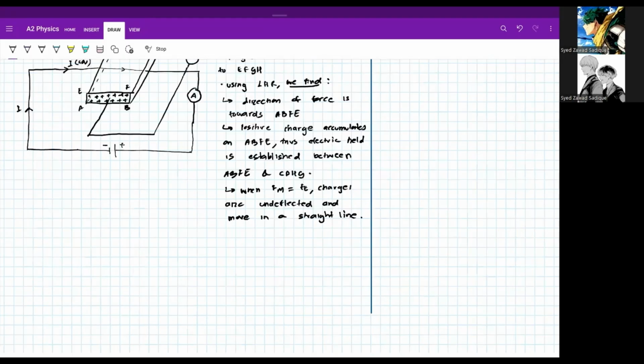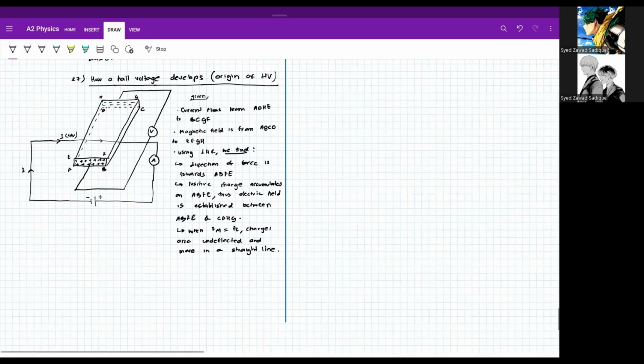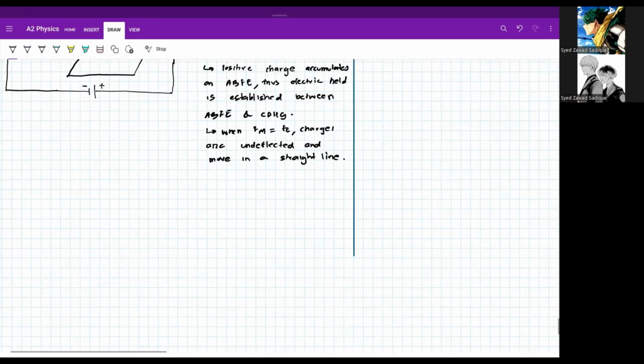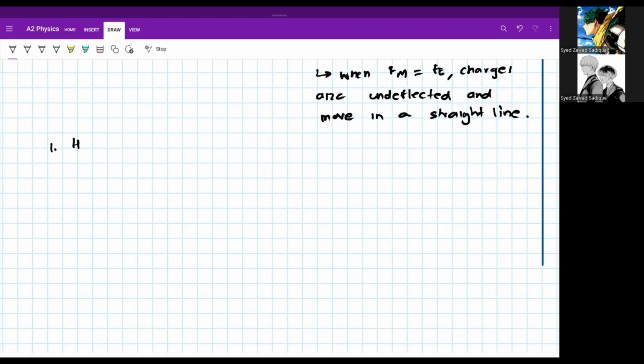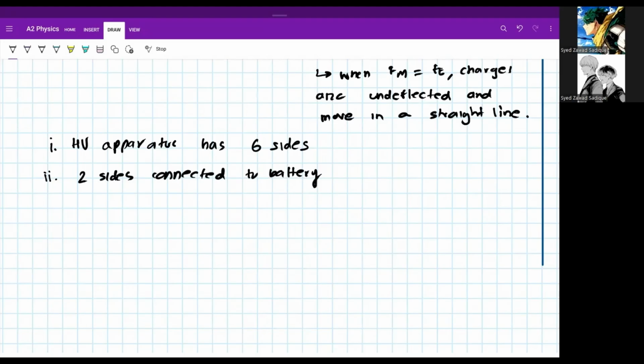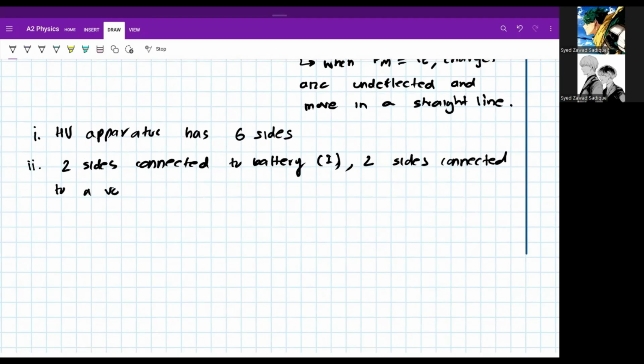Right. So this is a summarized version, but if you were to write it in words, there are a few things that you have to mention. So the Hall voltage apparatus, HV apparatus, has 6 sides. 2 sides connected to a battery, 2 sides connected to a voltmeter.